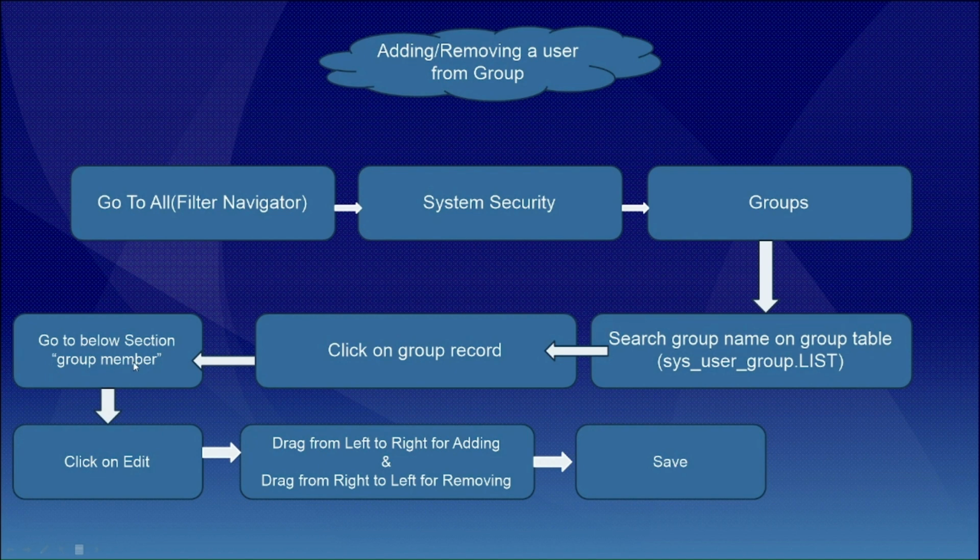Under this click on the edit button, and after this you can see a form. Under this you drag from left to right for adding and drag from right to left for removing, and click on the save button after this. So how can we do this? Let's move to the practical point.